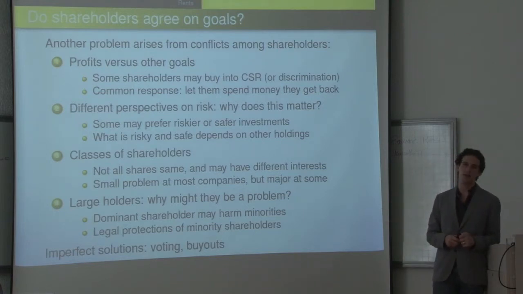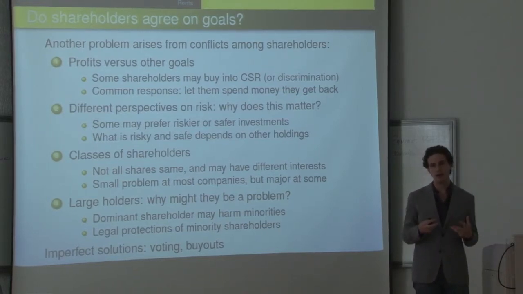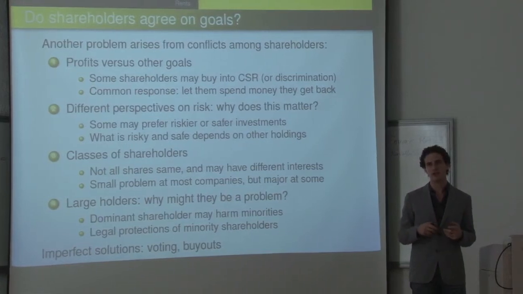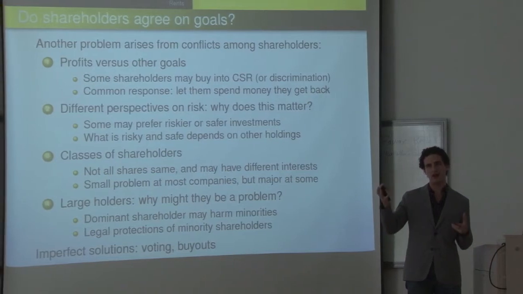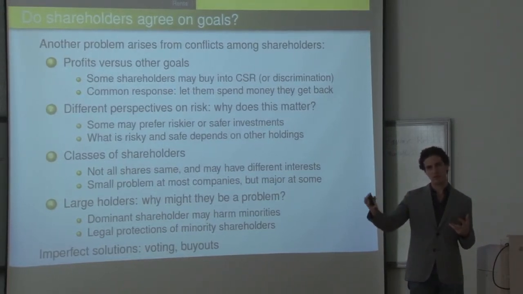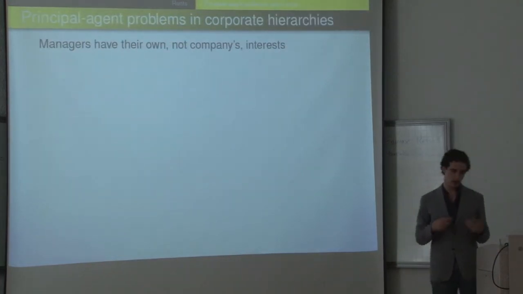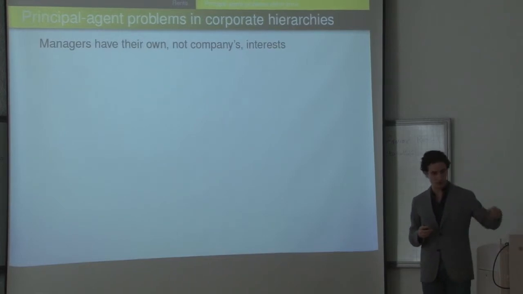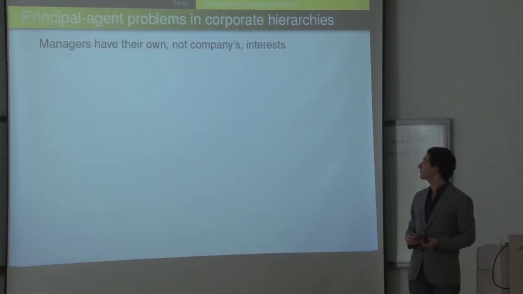Another possibility is what's called a buyout, which is that if one individual can always come and buy the whole company, that forces the managers to try to keep the value high enough so that someone won't come and replace them as manager. But again, those are imperfect solutions. There are also lots of laws about protecting minority shareholders that can help to deal with these conflicts.